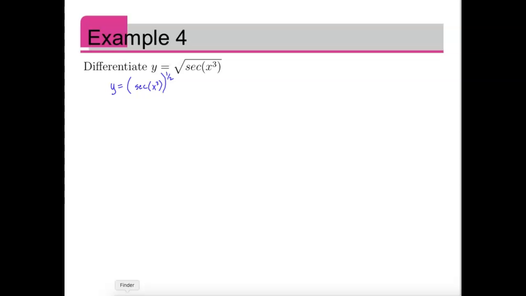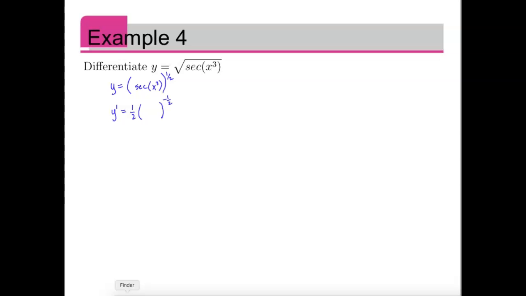Okay. So to take the derivative of this, we're going to use the chain rule. Take the derivative of the outermost function, which is just the power rule, right? All right, what gets left in the parentheses? Good, secant x cubed.